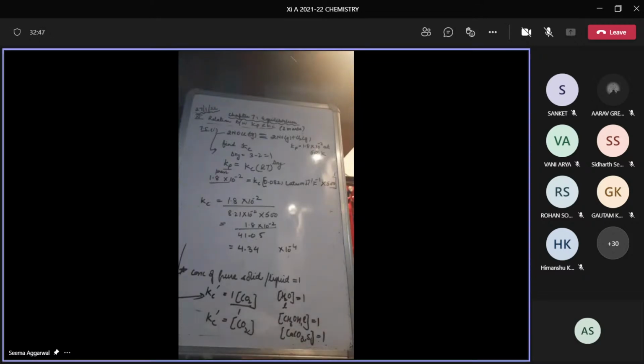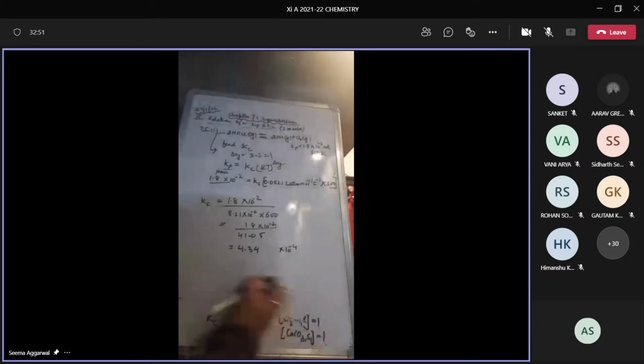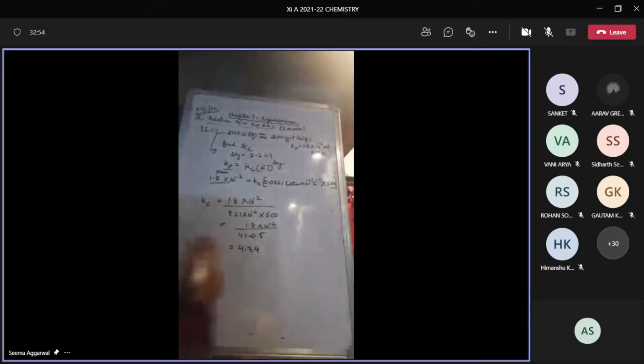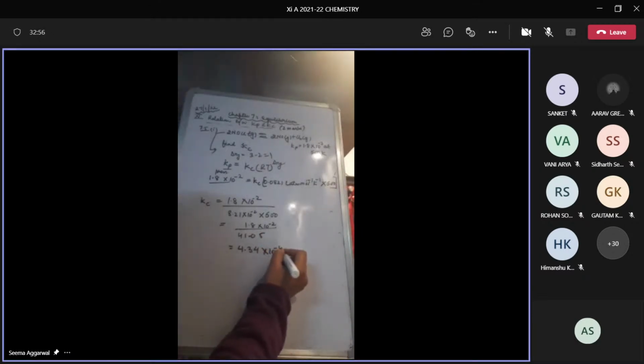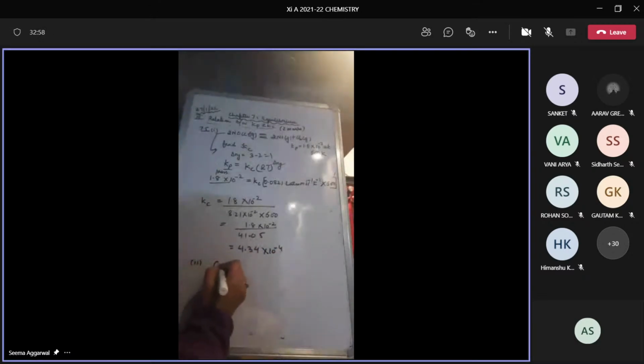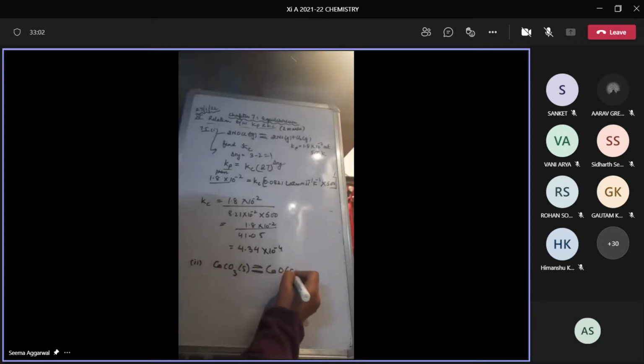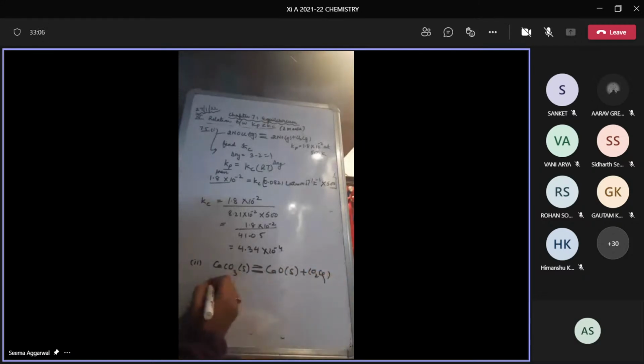Okay, second part is same, but second part में I am just giving you a hint. I am not solving it completely. Now in the second part, it is given that calcium carbonate solid gives calcium oxide solid plus carbon dioxide gas. Now, what we know is that in this case, it will be same only.